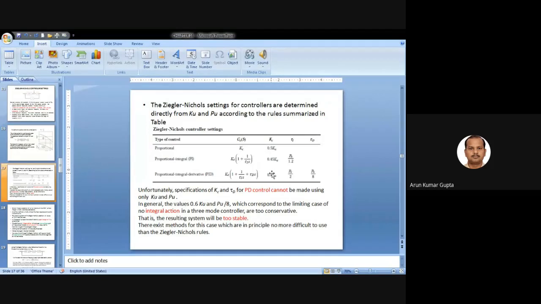If you consider this as a PD, you can say the Kc value is 0.6 Ku and the tau d value is Pu by 8. If you are not considering the integral action, you are not considering this Pu by 2. Even so, you can try this as a PD.